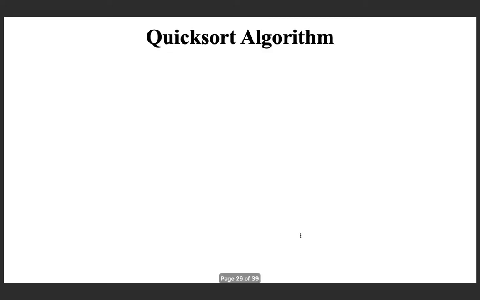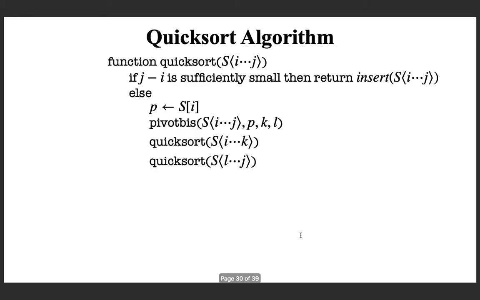elements. Now, you can formally look at the procedure as an algorithm, and what it is doing first is it checks whether j minus i, that is the number of elements, is 0, meaning no elements, or j minus i is 1 or 2, a very small number of elements, maybe 10.